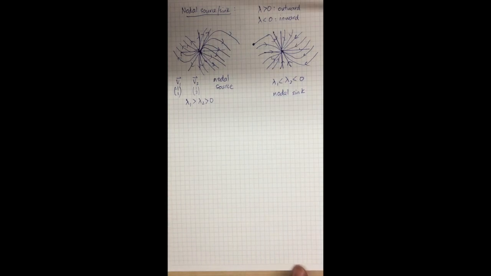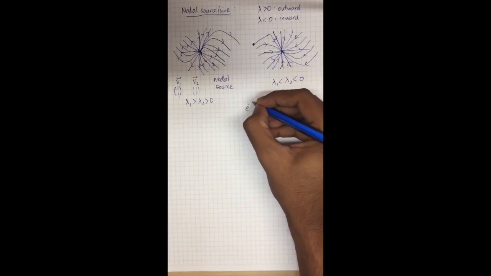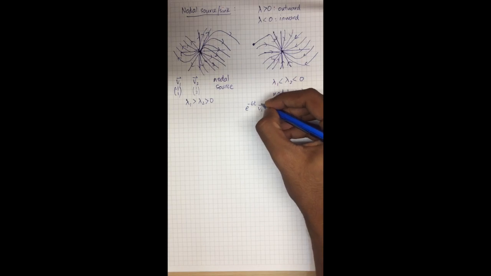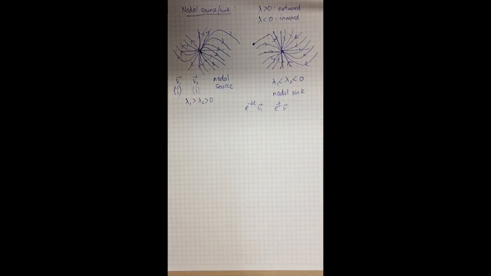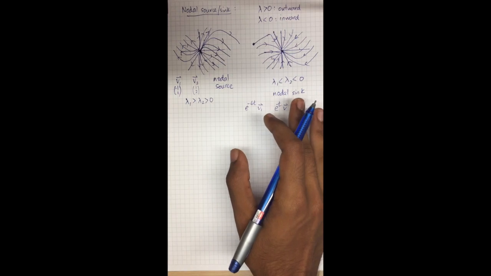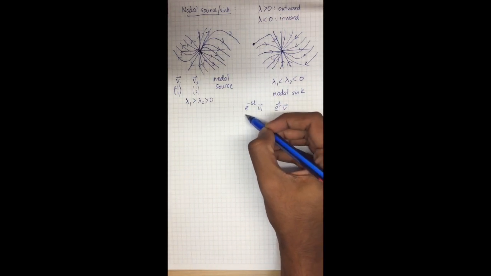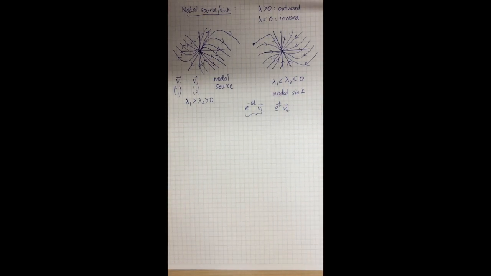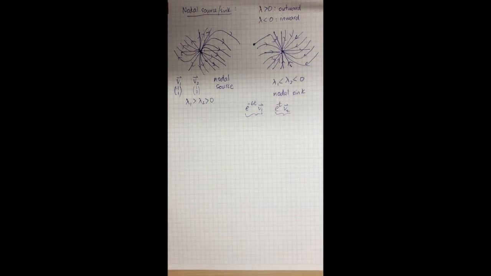The main thing in nodal source and sink is you need to decide which vector influences it more. So when you have a solution, for example, e raised to the power minus 6t times one vector and e raised to the power minus t times another vector, both of my eigenvalues are negative. If you look at this vector, it goes 6 times faster than this one.